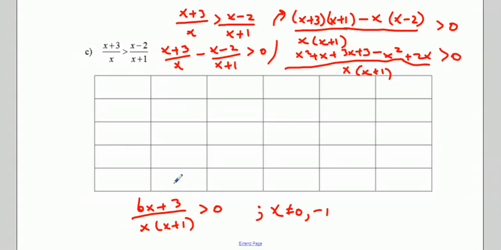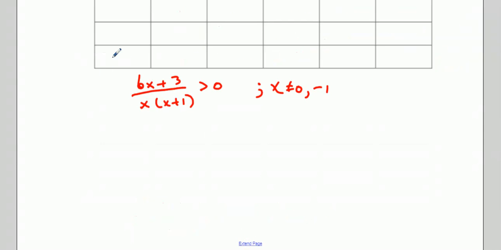Alrighty, let's keep going here. So I've got this rational, I've got a linear in the top, I've got a quadratic in the bottom. So I still have to find the vertical asymptotes. I know those already. Those are x equals 0 and x equals negative 1.